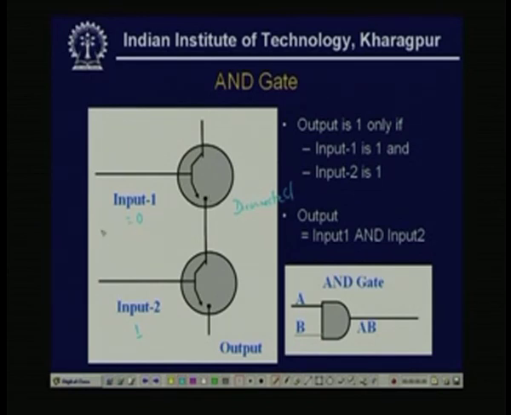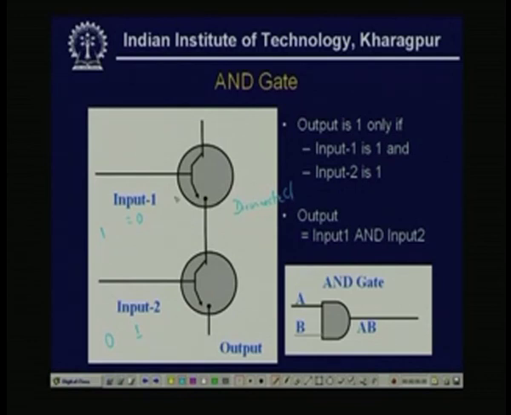Even if one is 1 and the other is 0, the output is 0. And if both are disconnected, then obviously the output is 0, because there is no path for current flow.